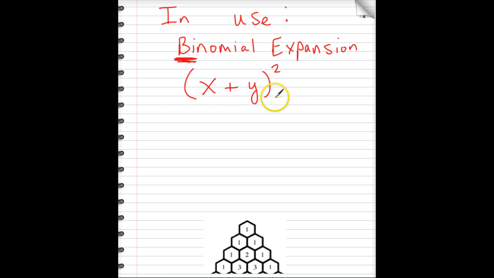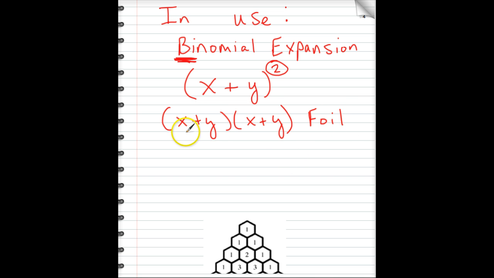Bi means two. Now, we can raise this binomial to any power we like. I'm going to start by raising it to the second power. The second power is your squared power, which means anything times itself. So in essence here, what we're really looking at is x plus y times itself, x plus y. Now, this is multiplying, or the distributive property, but for a binomial to the second power, you're really using the FOIL method.